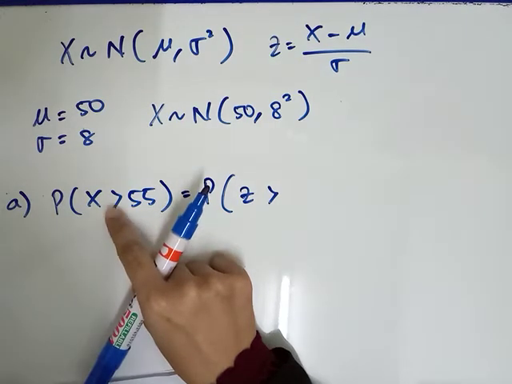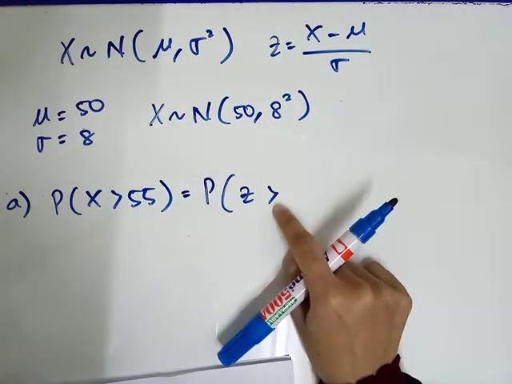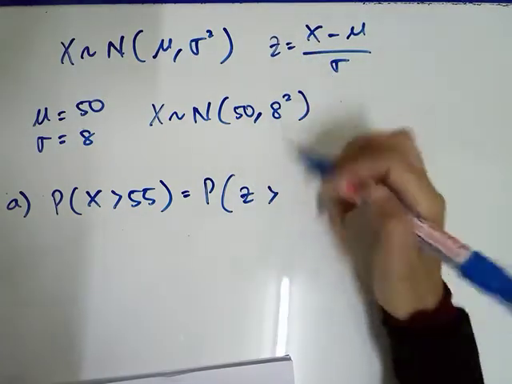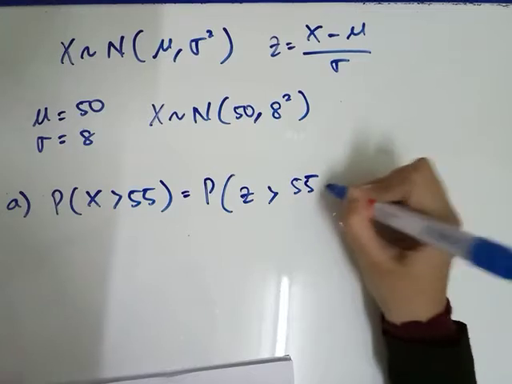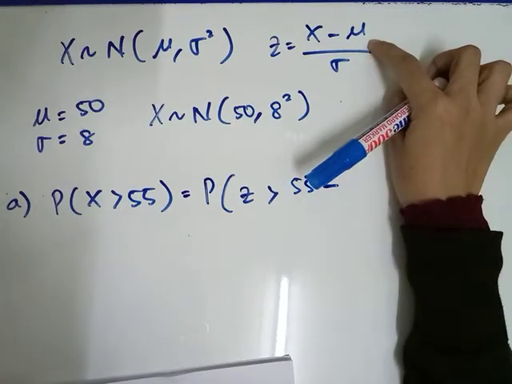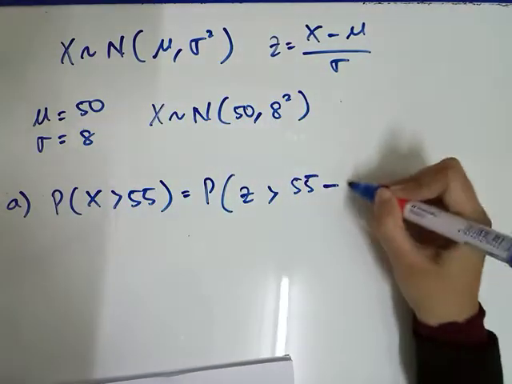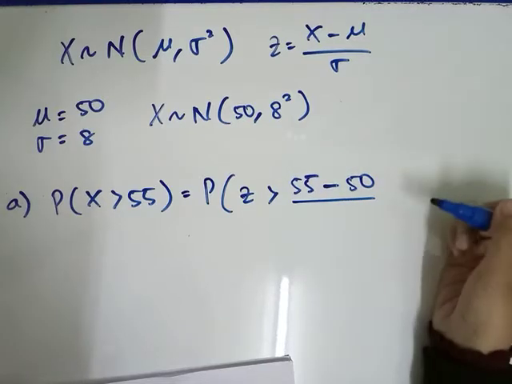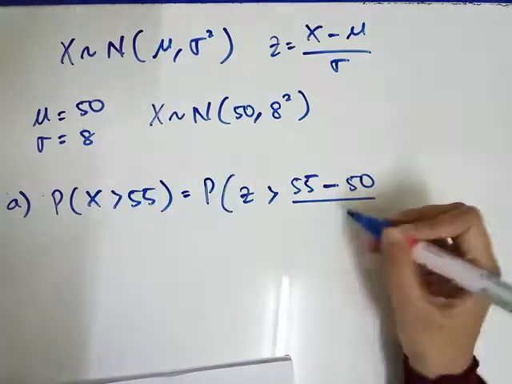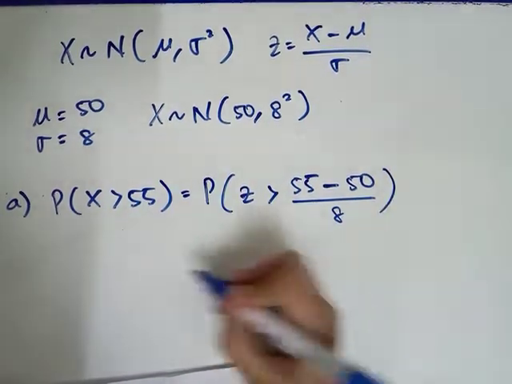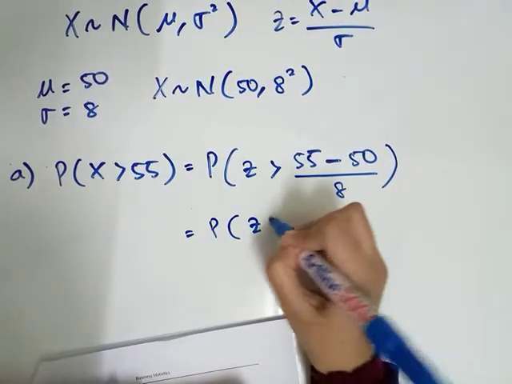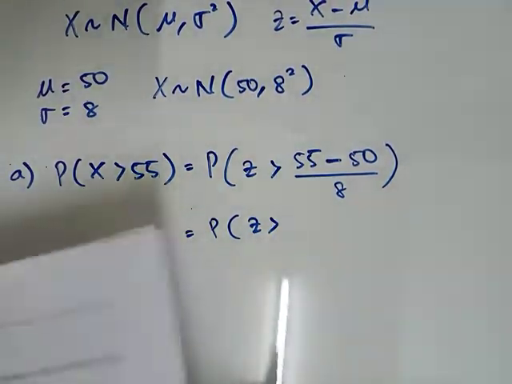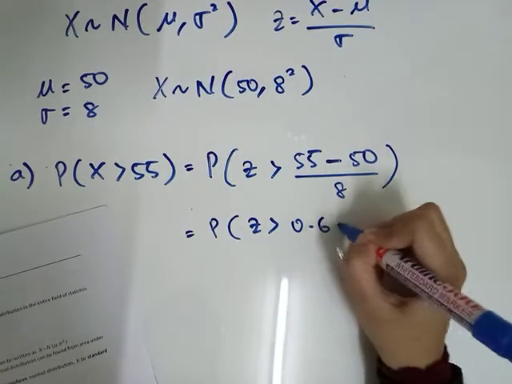When the question asks about greater, then we put greater. So x, which is 55, minus mean, which is 50, divided by standard deviation, which is 8. Then calculate, and you will get 0.625.